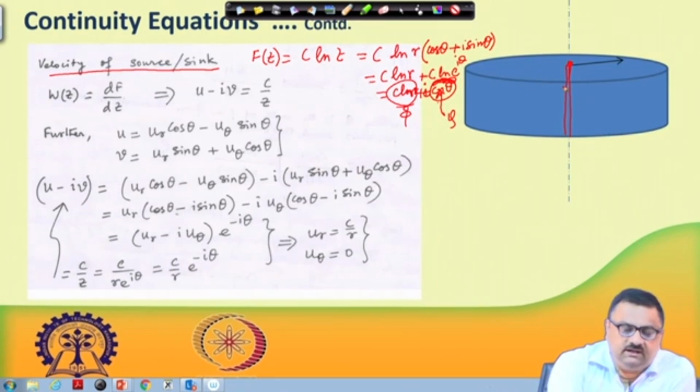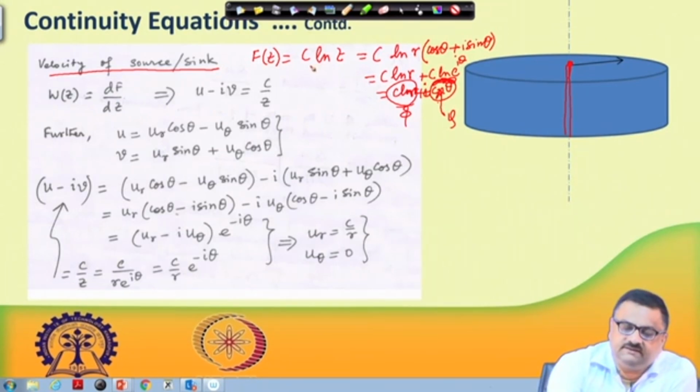So, now if we take a derivative of this, that is W(z) is equal to dF/dz. Basically, we said that W(z) is equal to dF/dz, and when we take a derivative of a complex number, it should be u minus iv. This we have seen in the previous lecture.